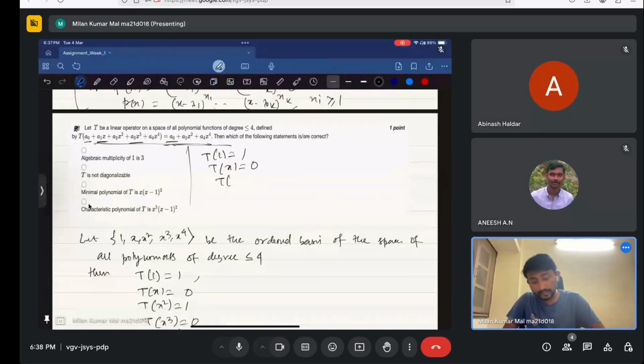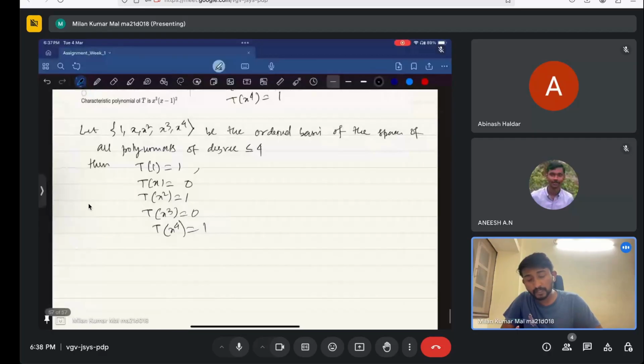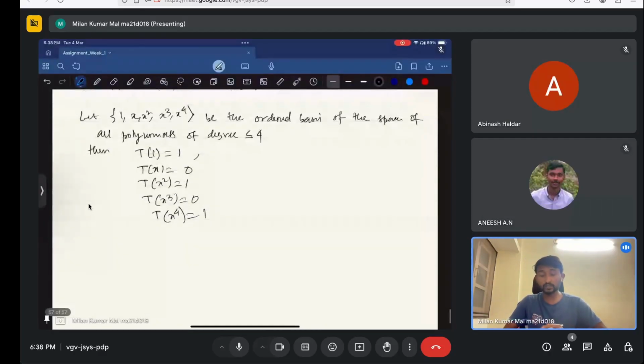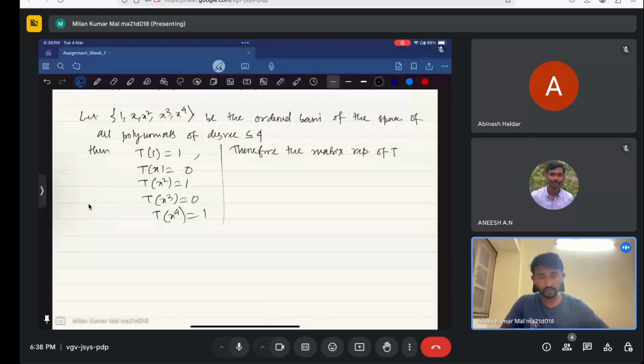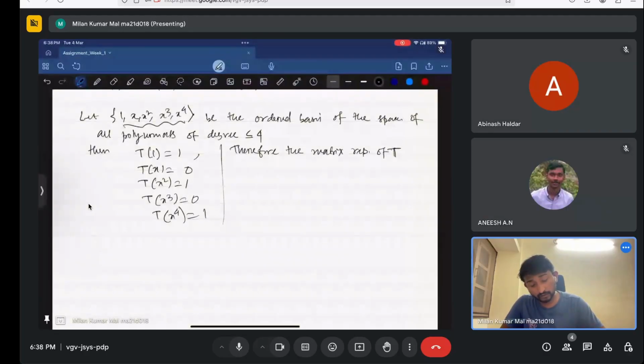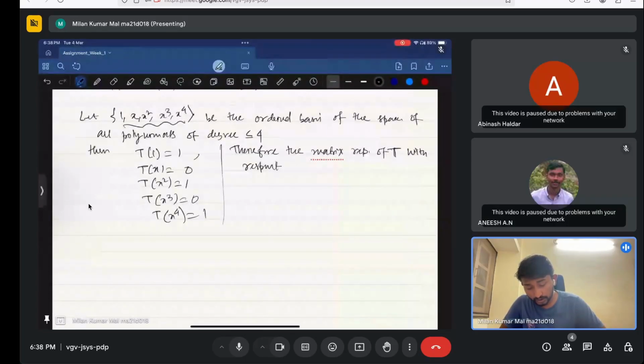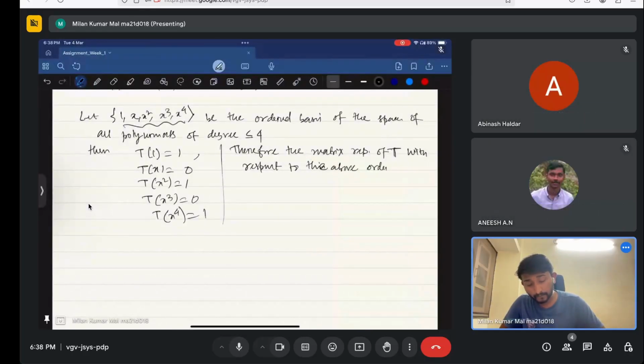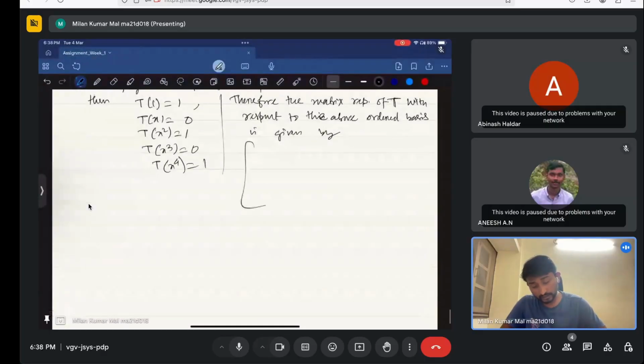So the matrix representation of T with respect to this ordered basis, which is also the standard ordered basis of the space of all polynomials of degree less than or equal to 4, is given by this.